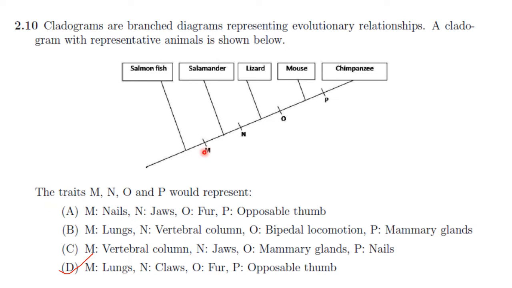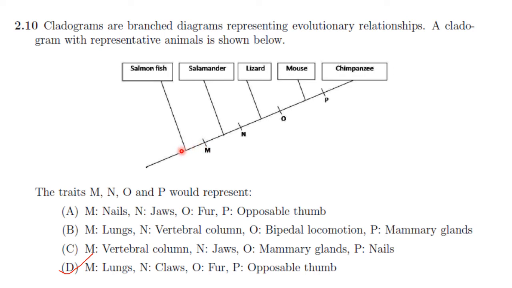So M is lungs. Now salmon fish does not have lungs, whereas salamander, lizard, mouse and chimpanzees have lungs. So we have taken M as lungs.